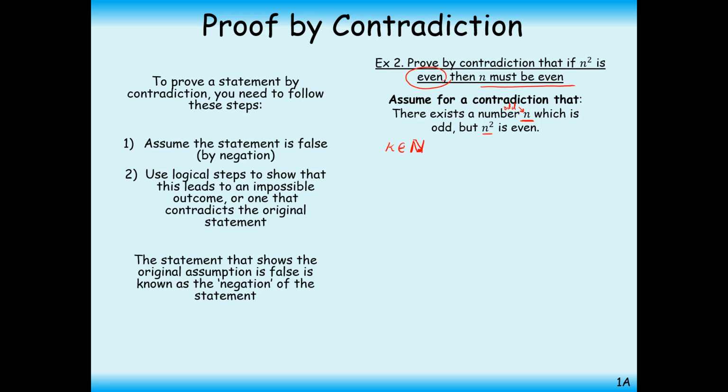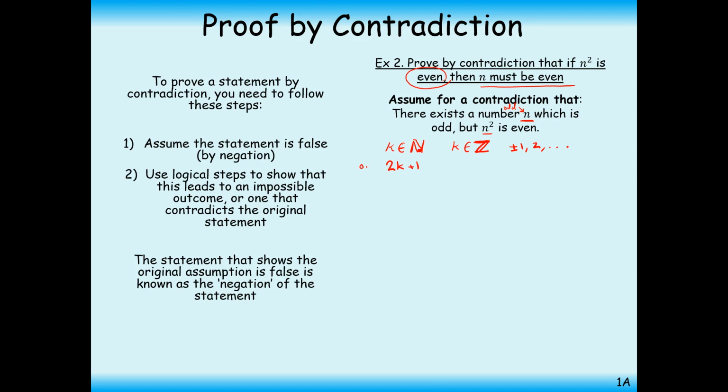We also take k to be an integer. Integers are represented by the letter Z. That means that it could be minus or plus 1, 2, 3, and so on, but it cannot have decimals.